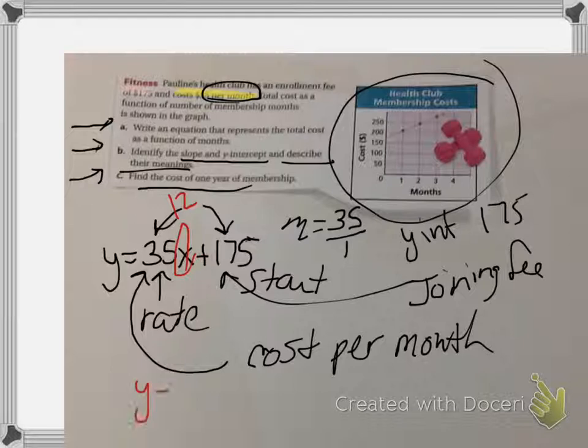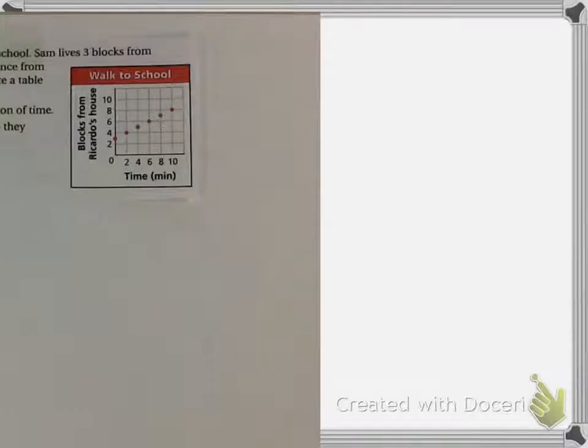I could go y equals 35 times 12, because it's 12 months at 35 per month, plus 175. And then I could solve that. If I just gave you this graph and asked you some questions, estimate the y-intercept for me.